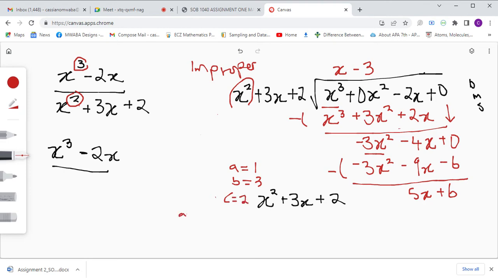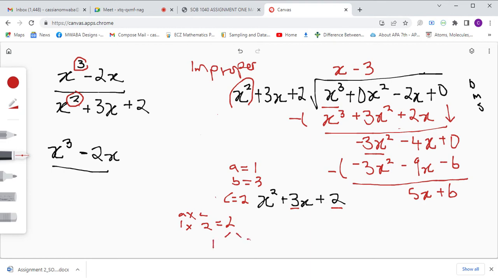So you say a times c, that's 1 times 2, we get 2. Now we have to look for two numbers that when we add them, we get 3, and when we multiply them, we get 2.